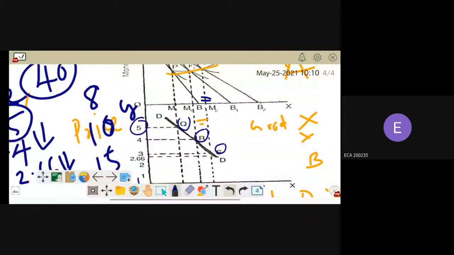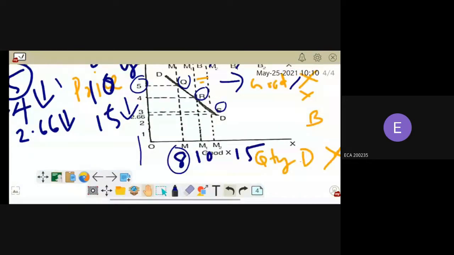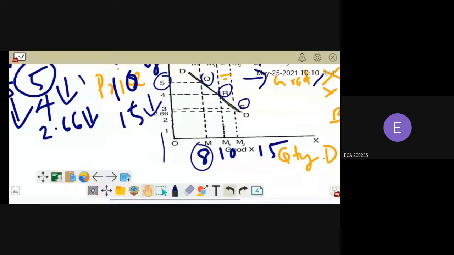So what you could see is that as the budget line shifts to the right, showing that the price of commodity X has come down, that is shown on the y-axis, you could see the increase in the quantity of good X purchased, from OM to OM1 and OM2.